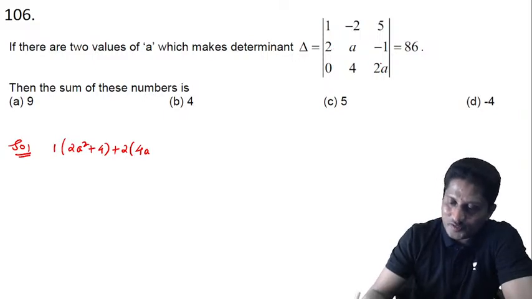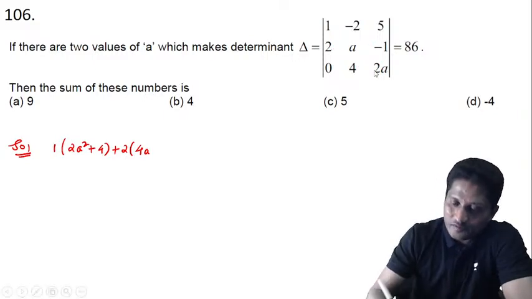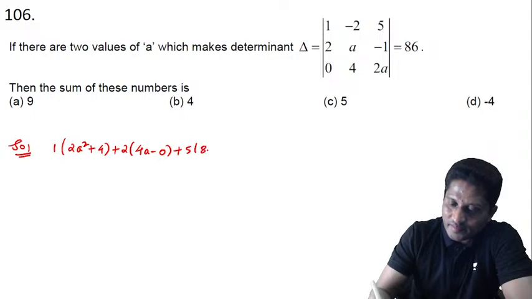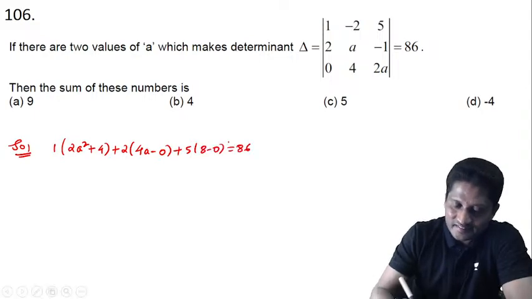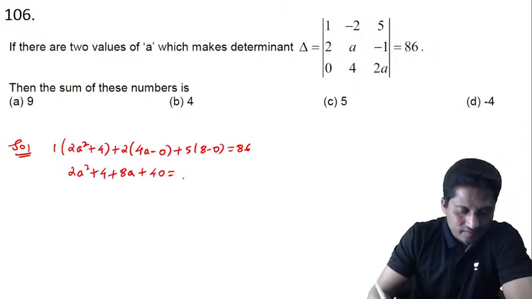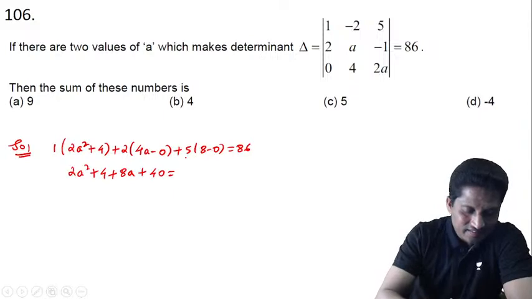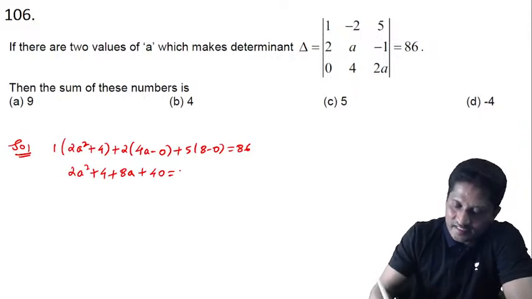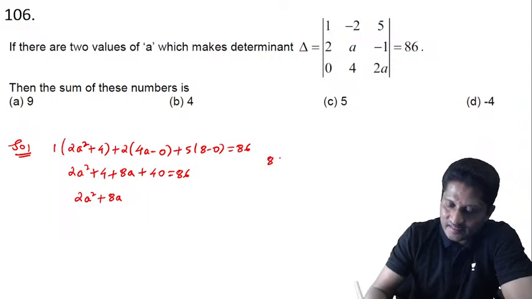Delete first row, first column, 2a square plus 4, plus 2 into 4a minus 0, plus 5 into delete first row, last column, you get 8 minus 0, is equal to 86. So 2a square plus 4 plus 8a plus 5 times 8 is 40, is equal to 86. 2a square plus 8a, and then you get 86 minus 44, which is 42.